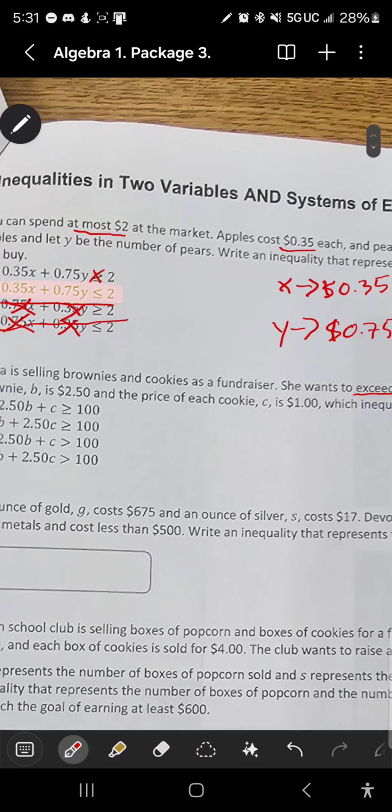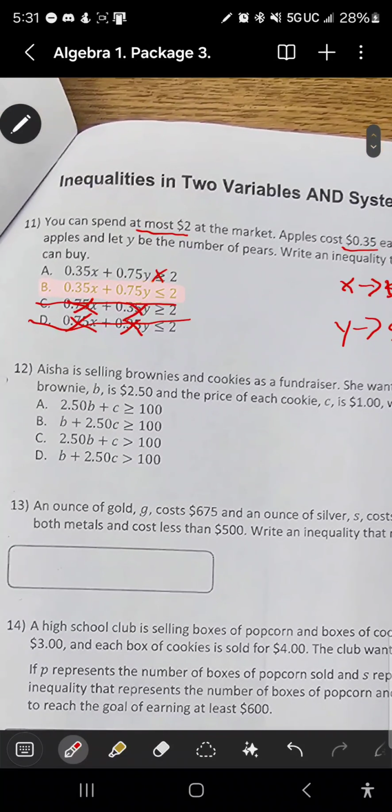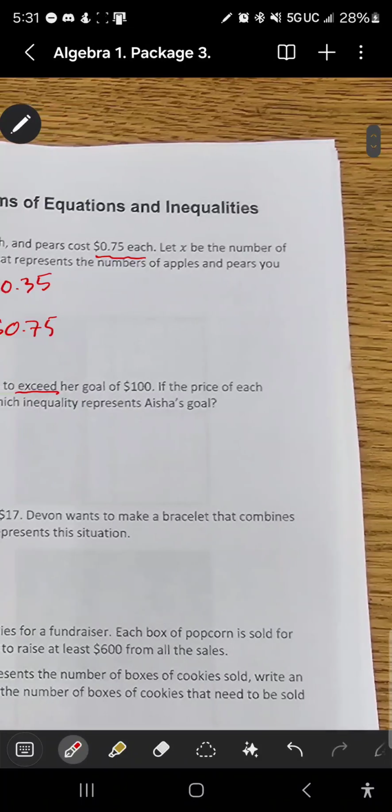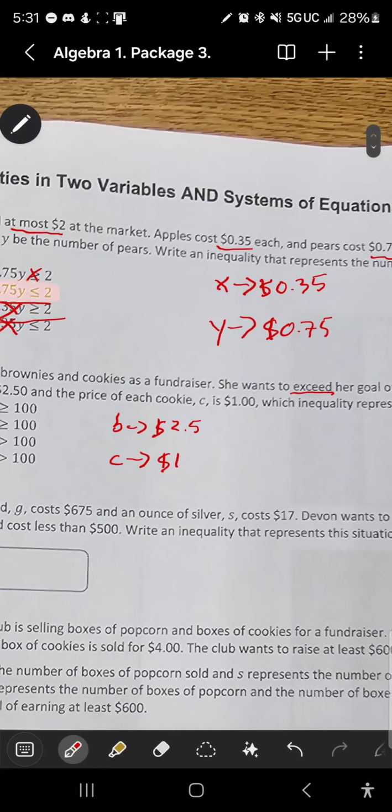If the price of each brownie B is $2.50, so B goes with 2.5, and the price of each cookie C is $1, which inequality represents Aisha's goal?